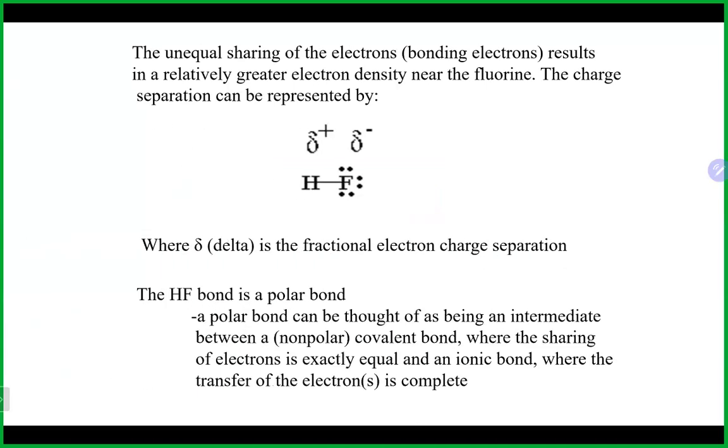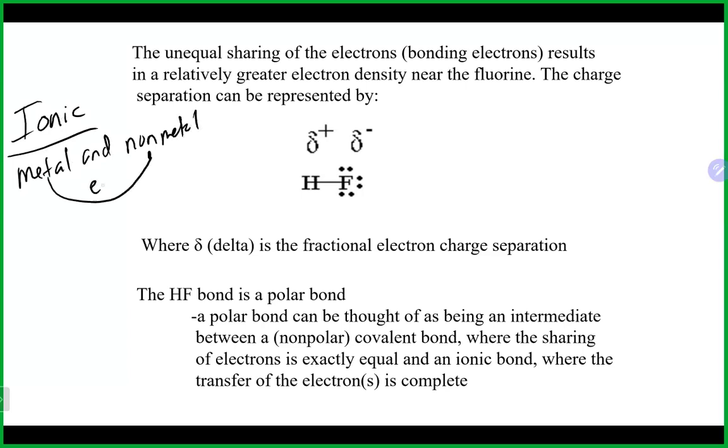So to summarize the different types of bonding we talked about up until this point, on one end of the extreme, we have ionic bonding. And that is always between a metal and a non-metal. And again, as we talked about, in this case the metal transfers some electrons over to the non-metal.